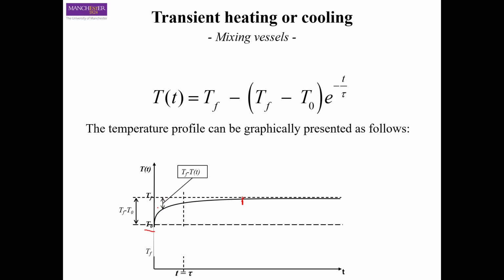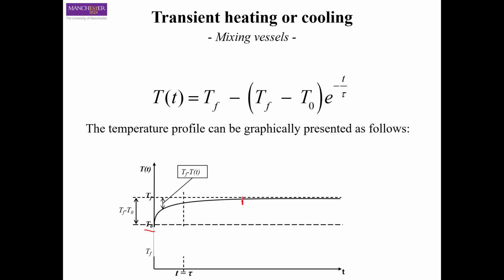At this point we have quite a huge driving force, that is Tf minus T, but as we move along in time, the driving force becomes less and less, and that's why mathematically it takes infinite time for the vessel fluid to reach the temperature of the heating fluid. But in reality, it will never happen because there are always losses. So we don't have to give infinite time. We give it practical time, for example 20 minutes, 30 minutes, 2 hours, whatever, where the delta is in an acceptable range.